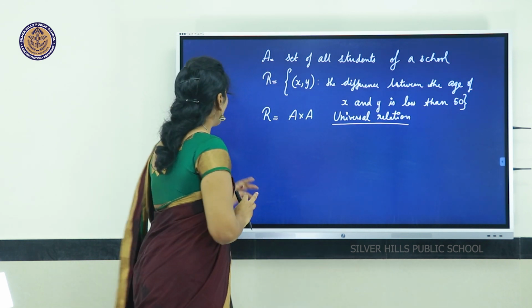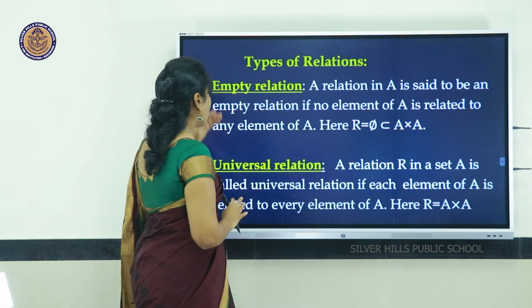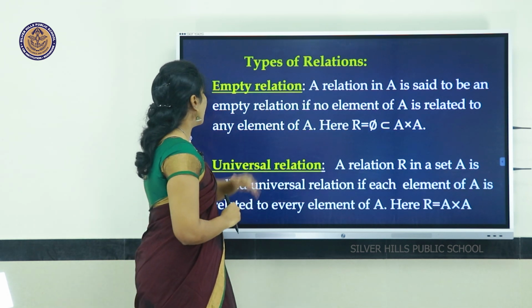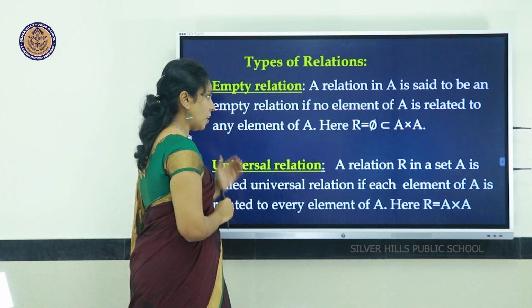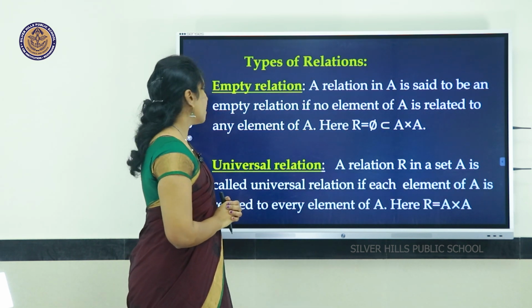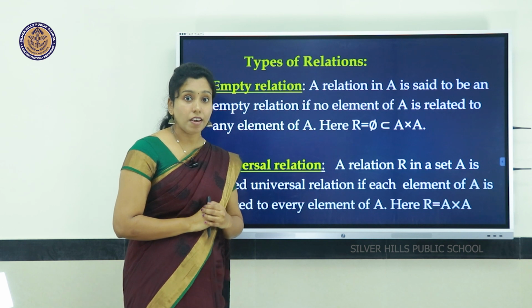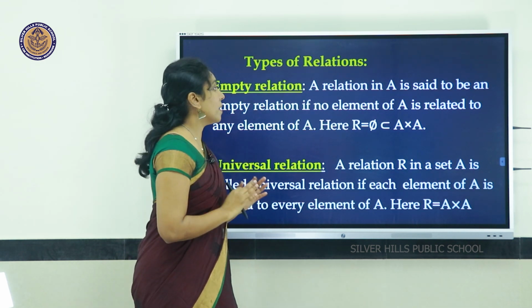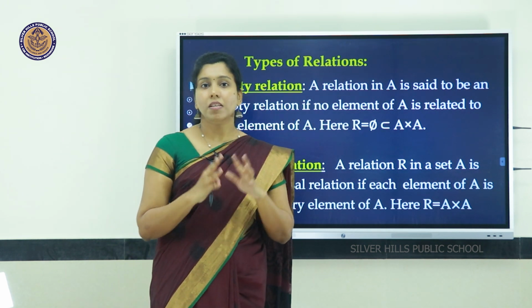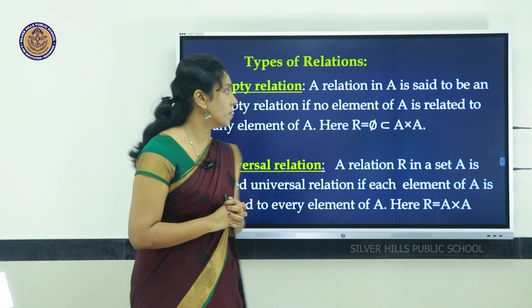Okay? So now let us go to the definitions of these two, which we already discussed. The types of relation, the first one is the empty relation. So how do we define that? A relation in A is said to be an empty relation if no element of A is related to any element of A. That means there is no connection between the members.